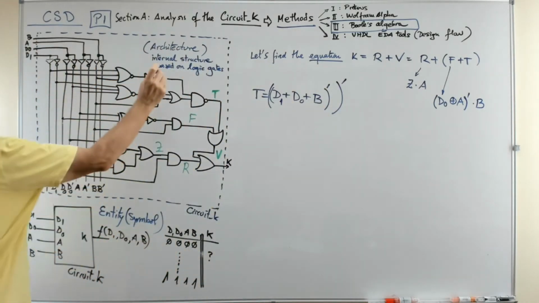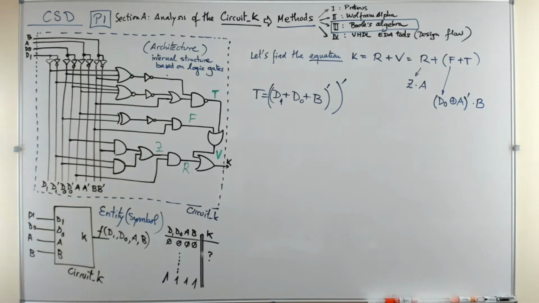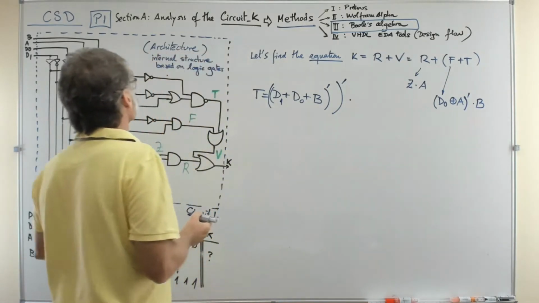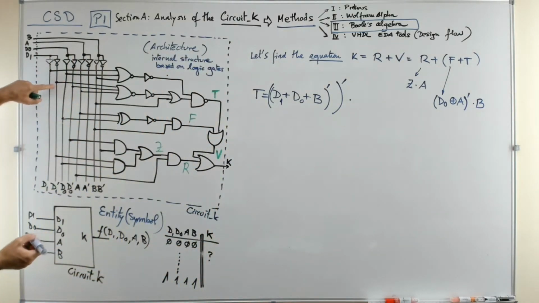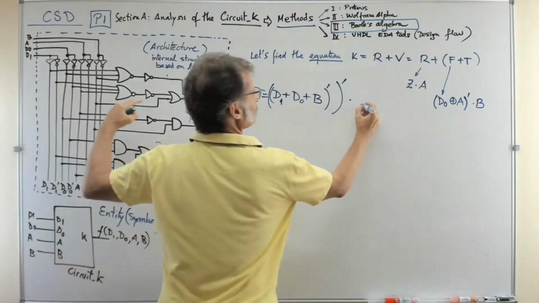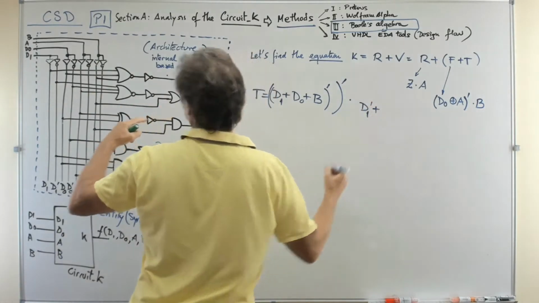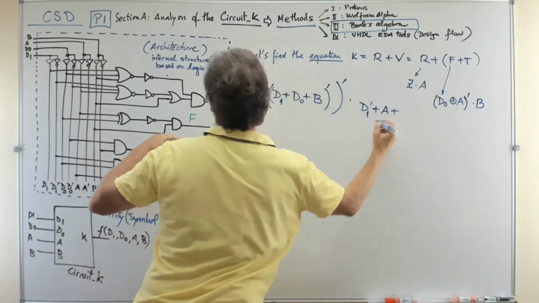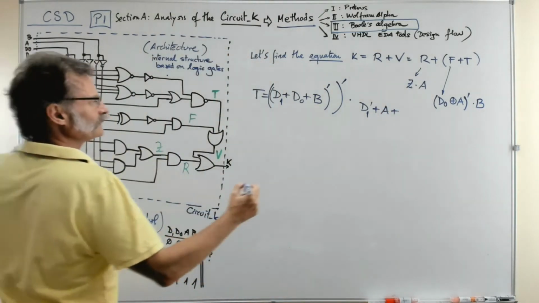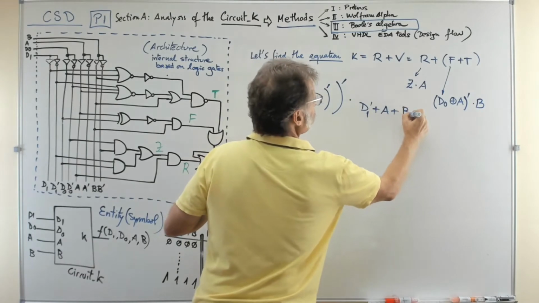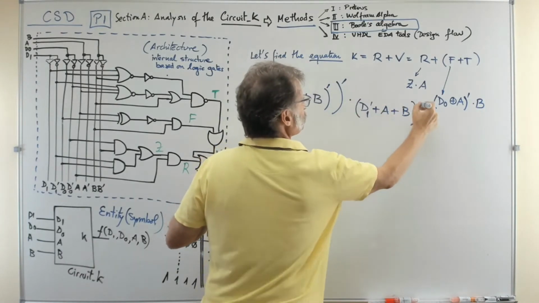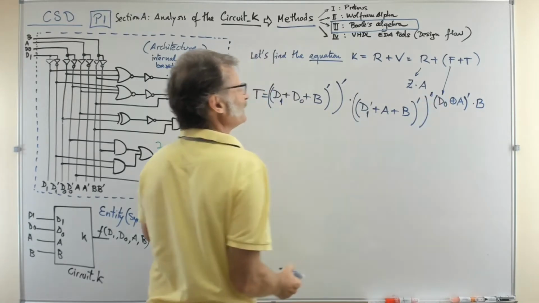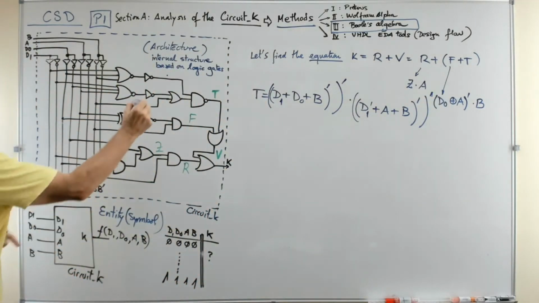So this is this term, and then there is a product here, right? There is an AND with another term, which is D1 not or A or B. And the same as before, you have a not, and finally another not. That way, so this is the other term.